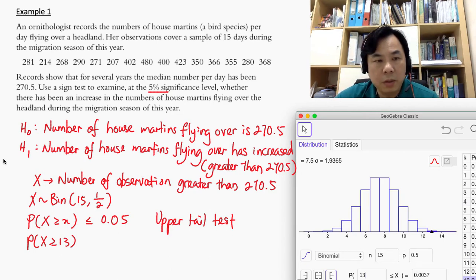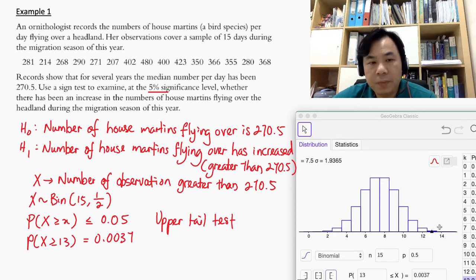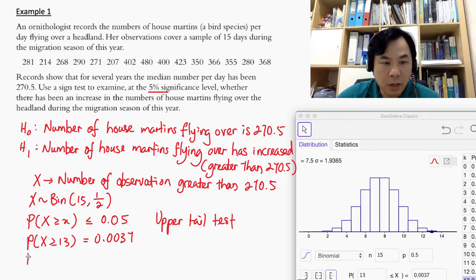So if I use 13, right, the probability is equal to 0.0037. This region here is in the rejection zone. But we want to find the smallest value of x where it's just about to enter into the rejection zone. Right? So I'm going to try again using 12 then.